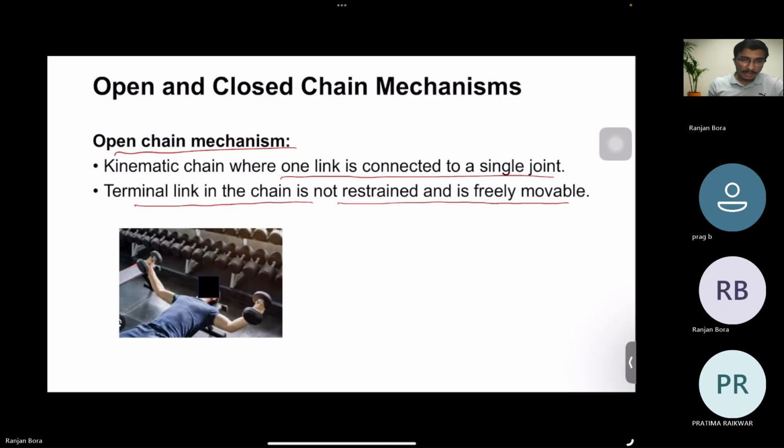You can see an example: a person is doing some exercise using dumbbells. If we draw this system using links, how will we draw it? We'll draw the forearm as one link, then the triceps as one link, and this whole upper body, the upper trunk, as one link.